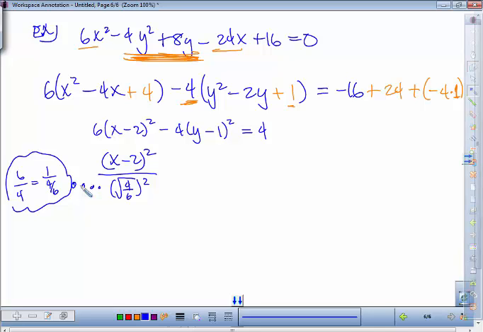So 4/6 in the denominator is the same thing as the square root of 4/6, quantity squared. And then 4 over 4 is just 1, so that leaves us without a coefficient. Or you can think about your b as being 1 squared.